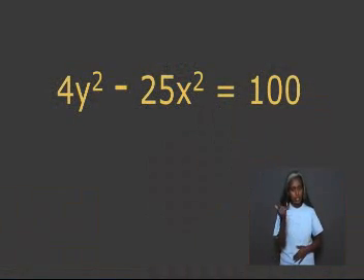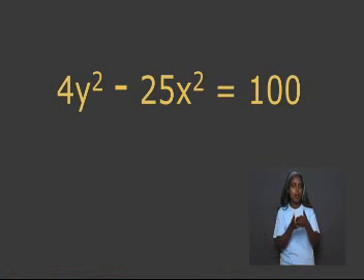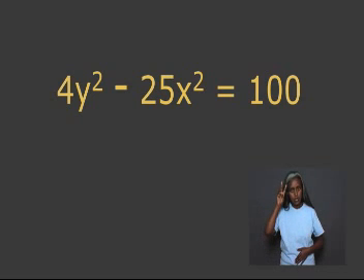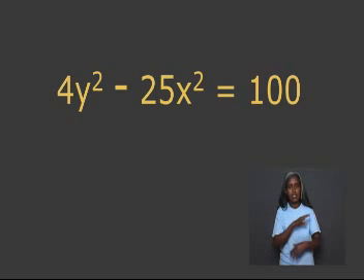Sketch the hyperbola with the equation 4y squared minus 25x squared equals 100. Determine the equations of its asymptotes and the coordinates of its vertices and foci.